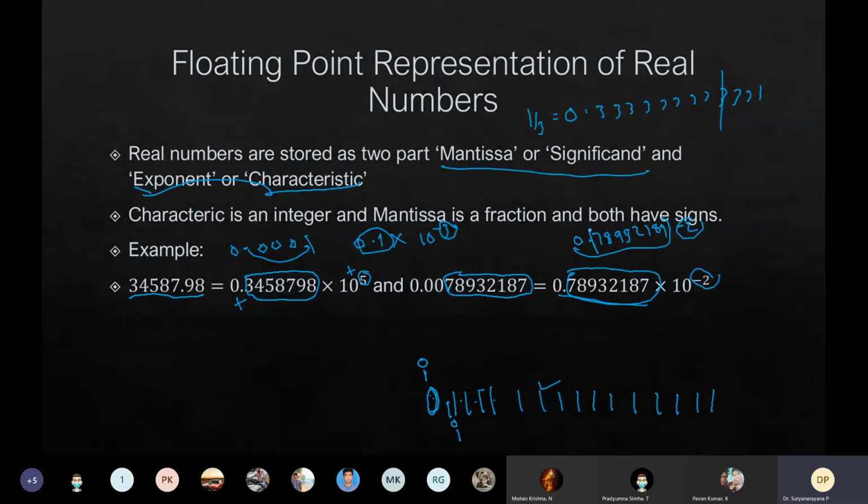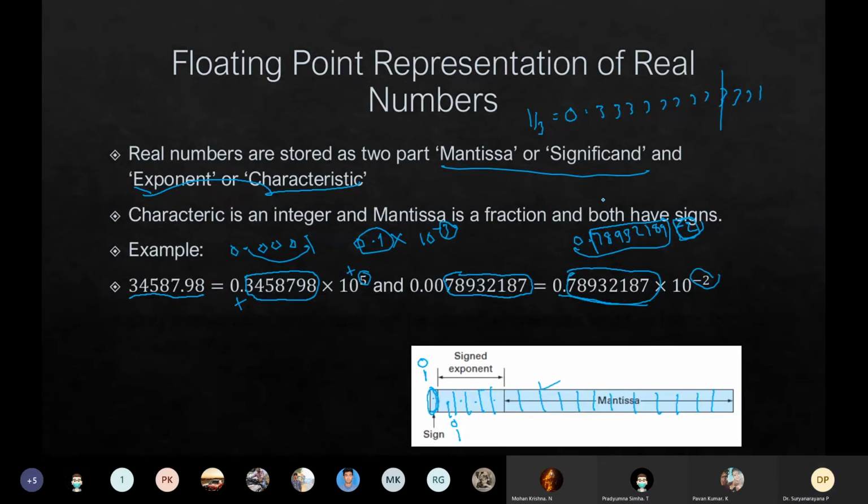Now we don't need to keep that 0, just this part and that part. In this case, this part and that part are positive. This is negative 2. So when it goes into the computer, this is what it looks like.